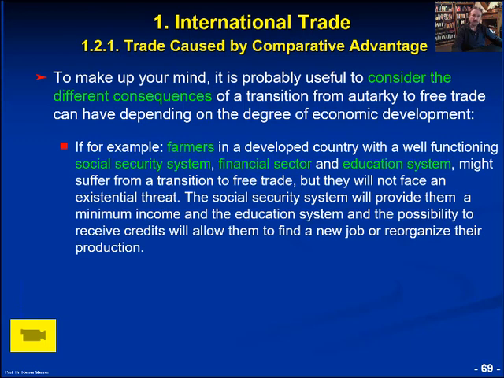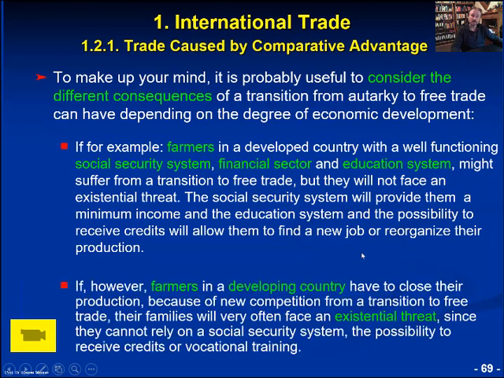For example, farmers in a developed country with a well-functioning social security system, financial sector and education system might suffer from a transition to free trade, but they will not face an existential threat. The security system will provide them a minimum income, and the education system and the possibility to receive credits will allow them to find a new job or reorganize their production.